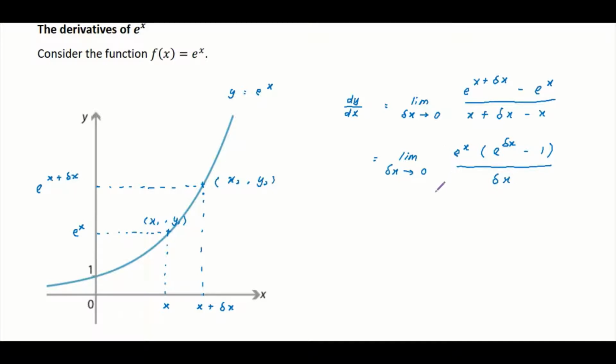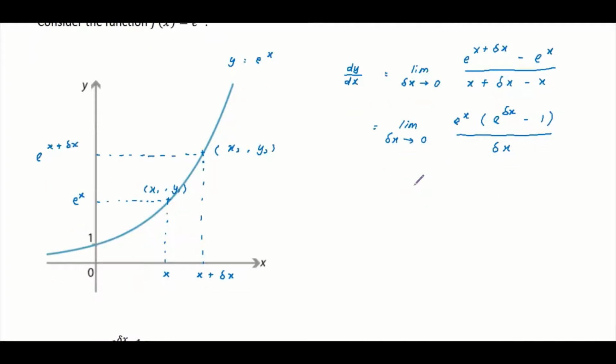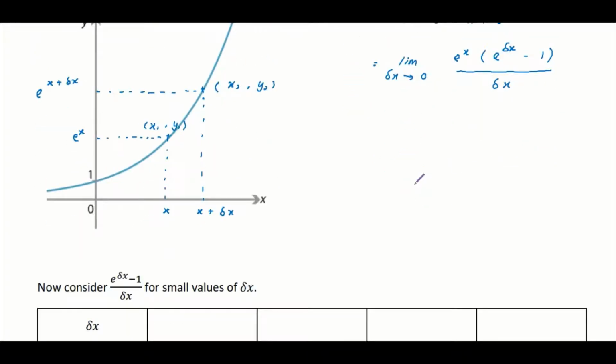All right, so now let us continue. We will be using this table. We will be solving it one by one, using the limit as small change of x approaches 0. We try to take out the e to the x first because this is not related to what we are trying to do, which is to make our small change in x approach 0.